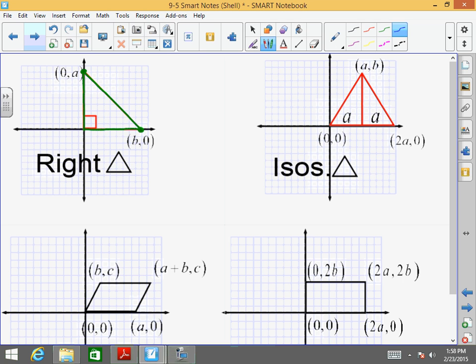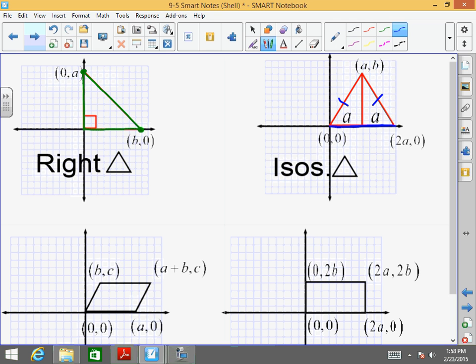As far as an isosceles triangle goes, remember that in an isosceles triangle, you have the two legs that are congruent. Remember that the base of the isosceles triangle is going to be a horizontal line. So that's a very simple distance to calculate.